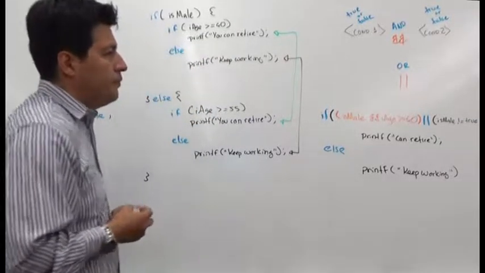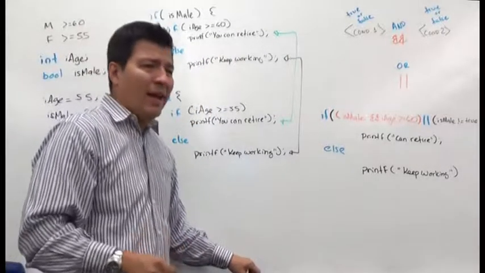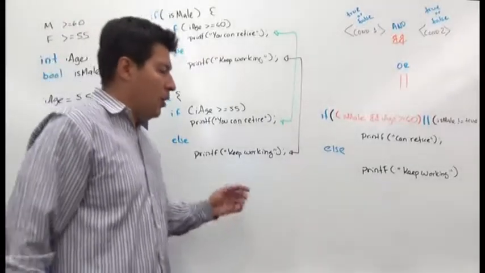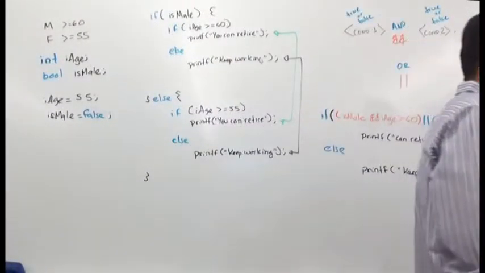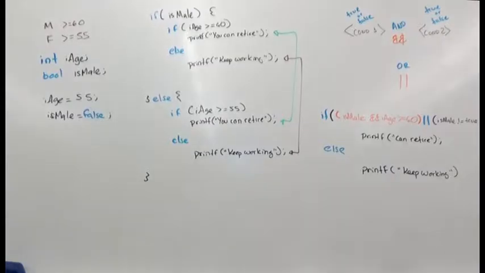And actually, I can make it slightly more efficient. Can you tell me how would you rewrite it to make your if statement a bit more efficient? Do you care to know the gender if the person is 60 years or older?